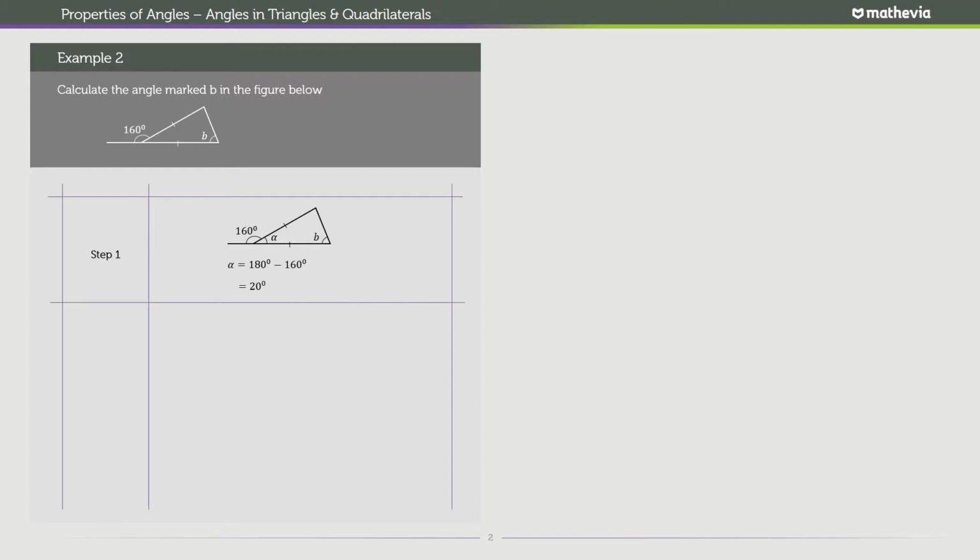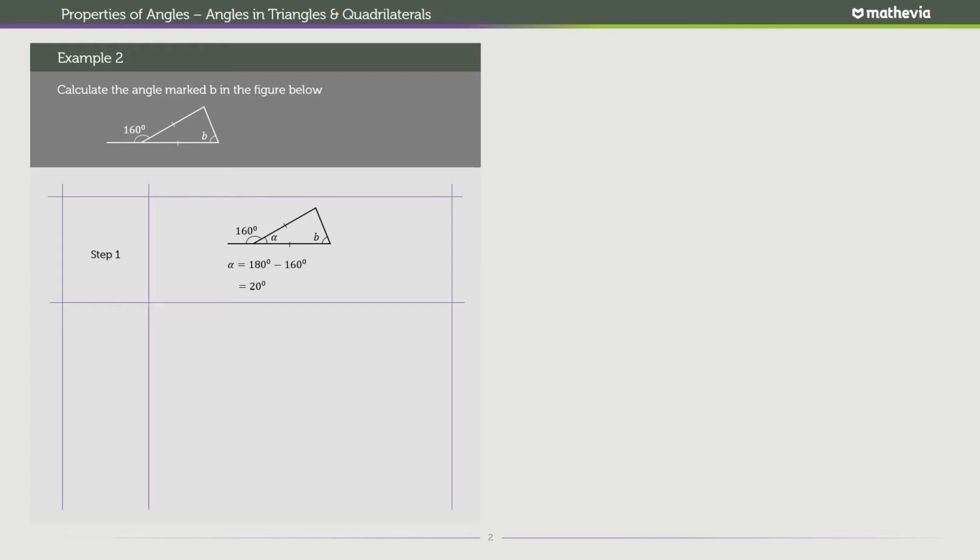Now, how do we solve for B? So we have our triangle, our isosceles triangle. We have one side, the other side, and then we have the two equal sides. Alpha is our other side, and B is one of our two equal sides. So if B is one of our two equal sides, you would agree with me that the sum of B and the other side would be 2B, because if that side is B, the other side should be B as well, since they are equal.